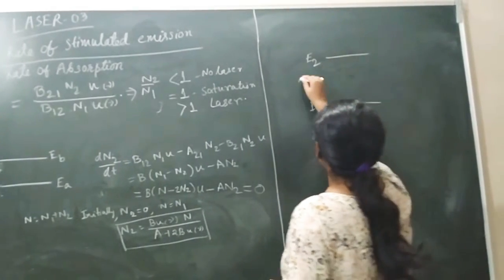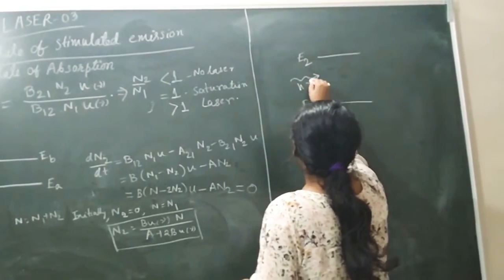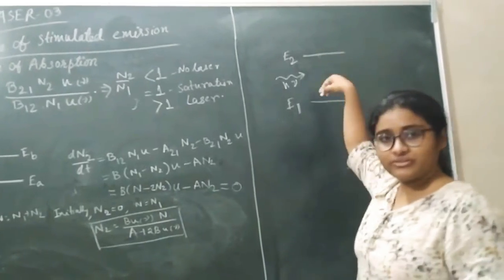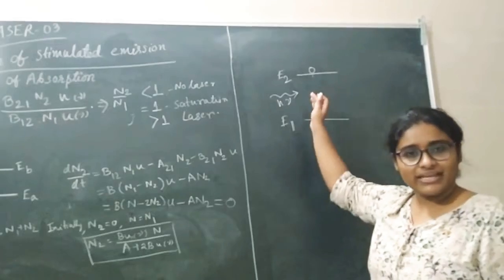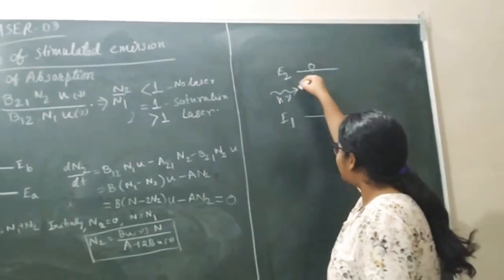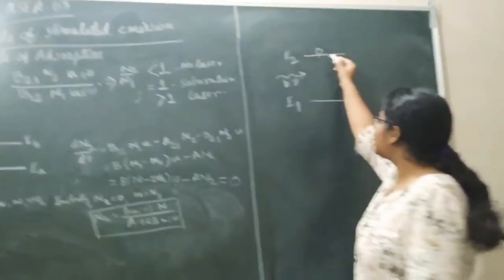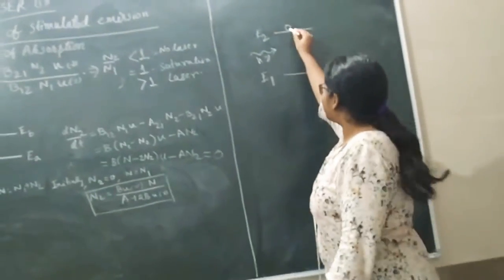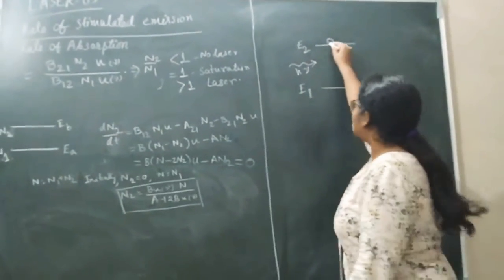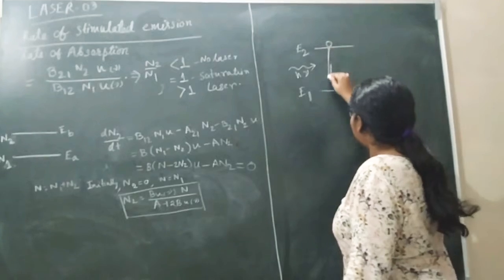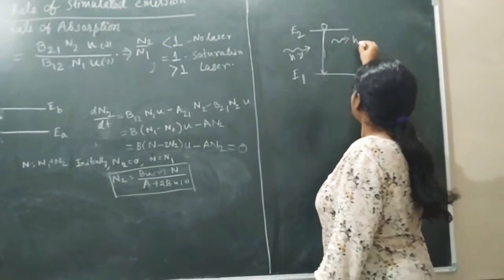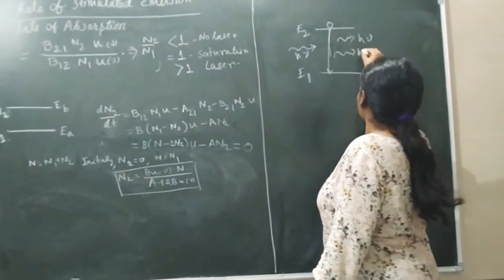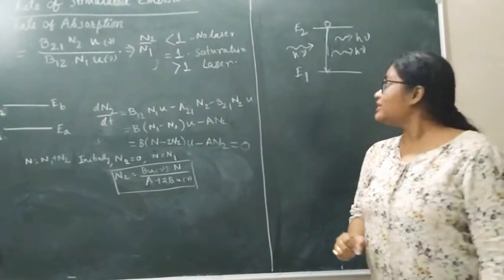Whenever light is incident with frequency h nu, where h nu is the energy difference between the two levels, if there is an atom already in the excited state, and this photon is in phase with this excited atom, it can stimulate or force the atom to come down to the ground state, and then it will also emit radiation h nu. So we will get 2 h nu. From one photon we can get 2 photons.